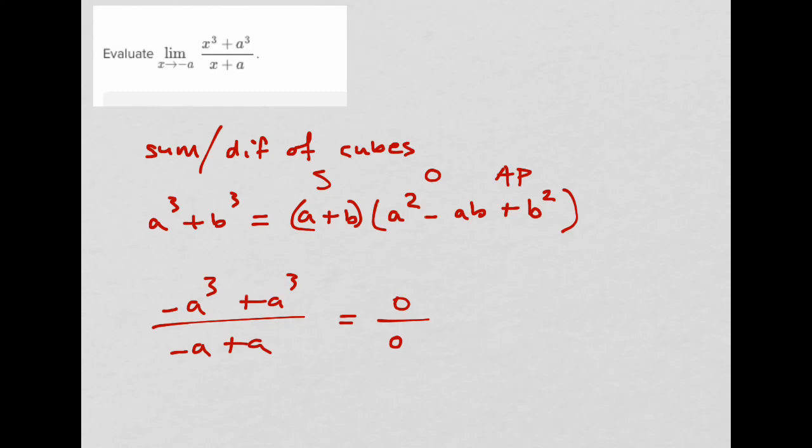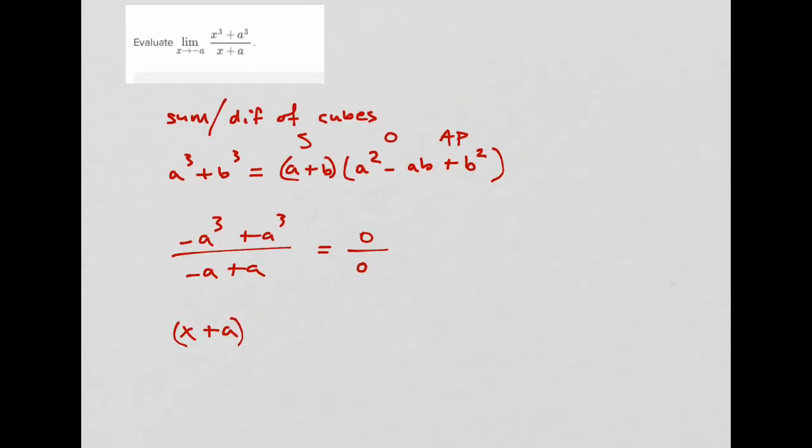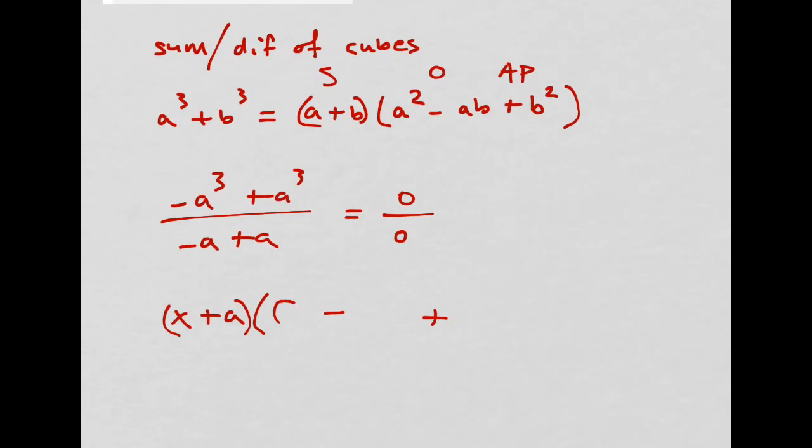So I'll factor the top. That's a sum of cubes, so the top factors into x plus a, right? Same sign as here. So I'm going to have the same sign, the opposite sign. So minus and then always positive. Here I have a squared.